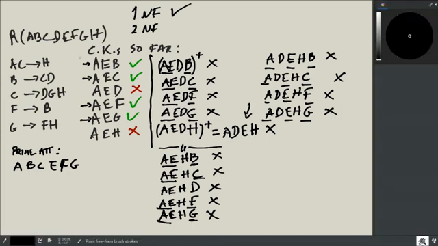Well, let's see if, for instance, from this key, by using just one of the prime attributes, I can find any of the other attributes. So my key, this first one is AEB. If I use B alone, can I reach any other attribute? Yes, I can. So already there is a violation of the second normal form.